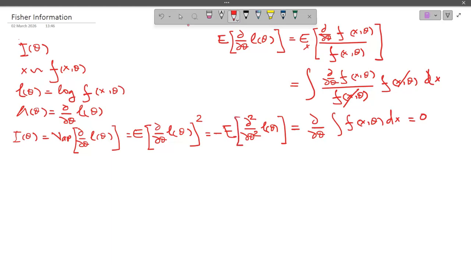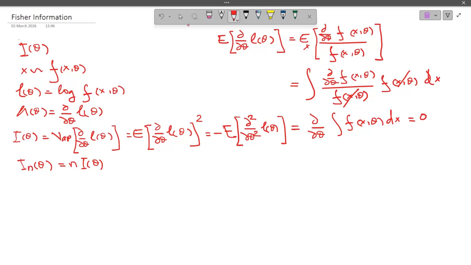So this is the definition of I theta, and if we are considering a sample x1, x2, up to xn, then the information of theta in that sample is nothing but n times I theta, since we have IID samples and we have log, the sum over variance of x is the sum of variances, and it becomes n times I theta. So this so far is the definition of Fisher information.